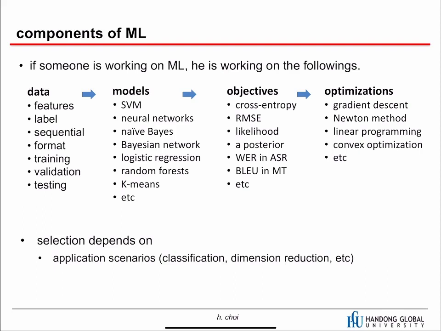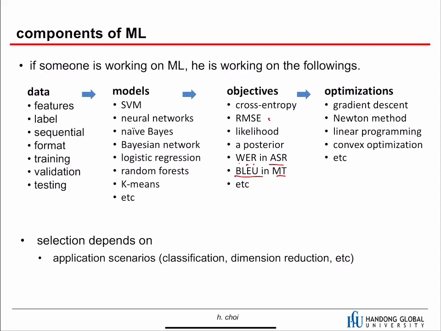If it is a regression, then RMSE or MSE. If it is a probabilistic model, then likelihood or posterior would be the objective function. If it is automatic speech recognition, then word error rate is the objective function. And if it is machine translation, then the BLEU score is the objective function. So depending on the application or scenario, we have to choose a proper objective function.